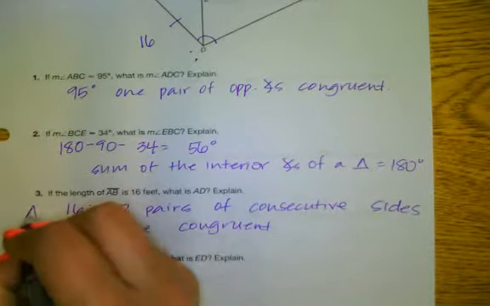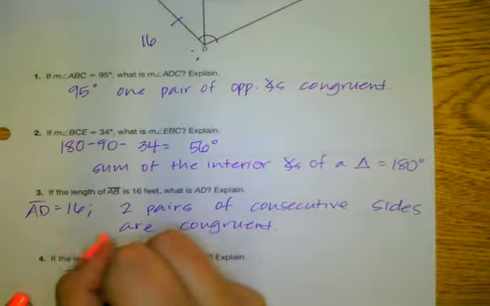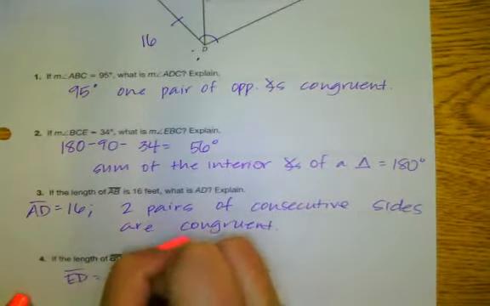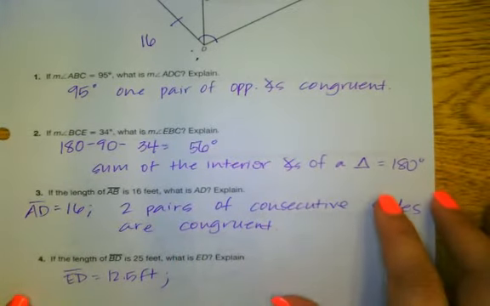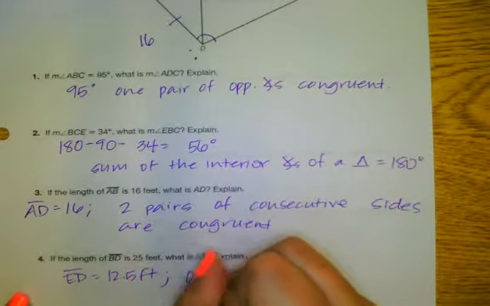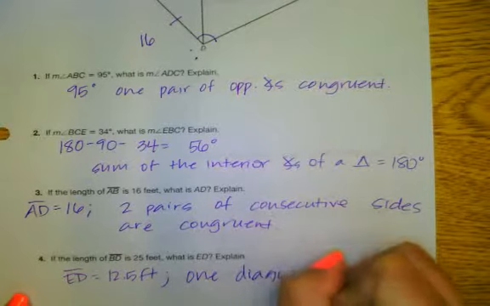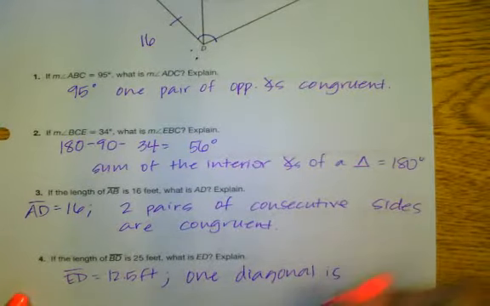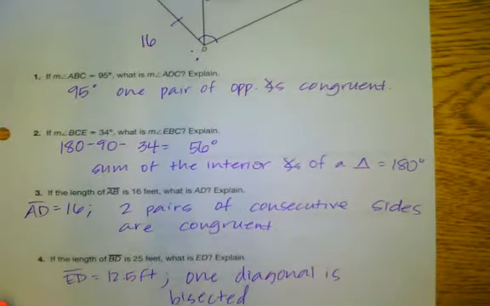What is it? 12.5. Why is ED 12.5? Very good. One diagonal is bisected. Okay, so this was a little easy check for understanding just of all the properties of a kite.